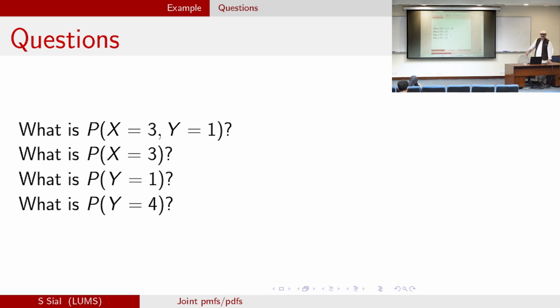What's the probability that x is equal to 3? 1 over 6, right? So in order for x to be equal to 3, you have to roll a 3 when you roll your fair die. With a fair 6-sided die, the probability of any result is 1 out of 6. Okay, what's the probability that y is equal to 1? 1 over 2, right.